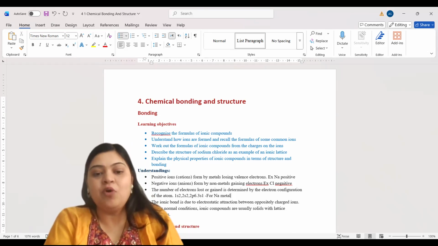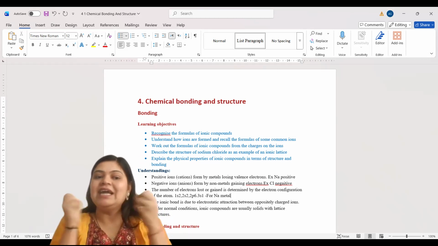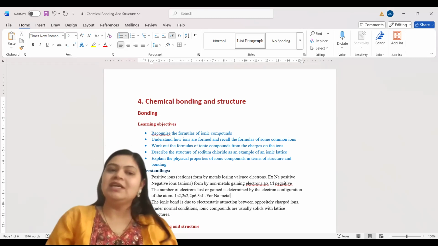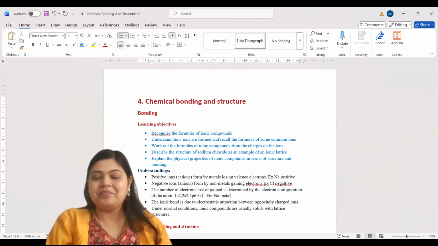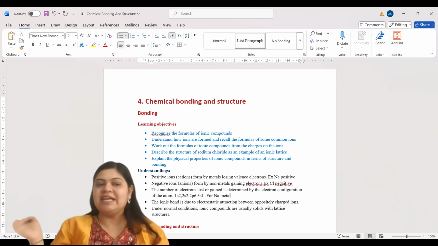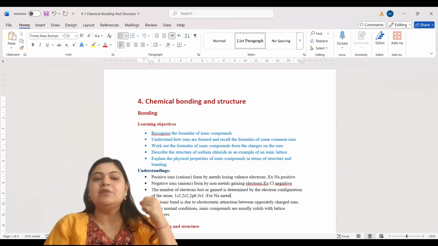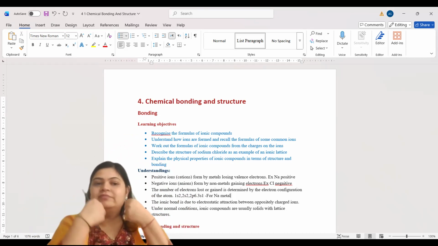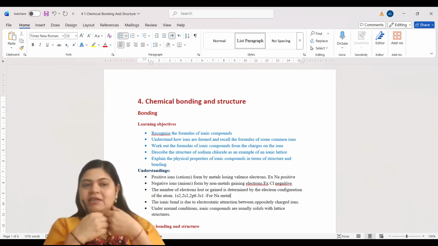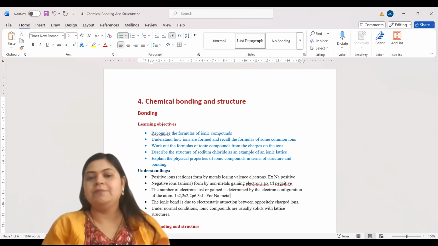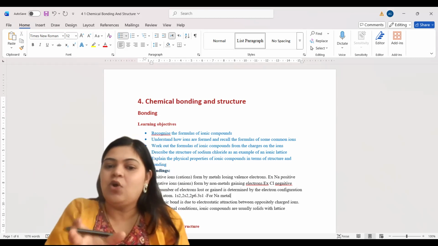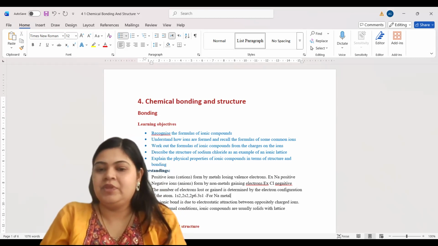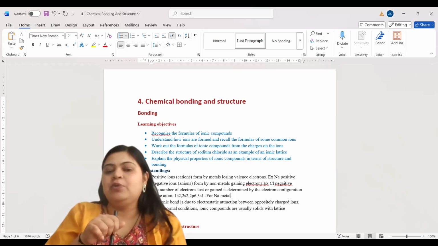The ionic bond is due to electrostatic attraction. Now we need to understand what is meant by electrostatic force or attraction and how it acts. When we say ionic bond is due to electrostatic attraction, it means there is a force between positive and negative. When they come together, they form a close bond, called ionic bonding, wherein one is ready to donate and one is ready to accept.